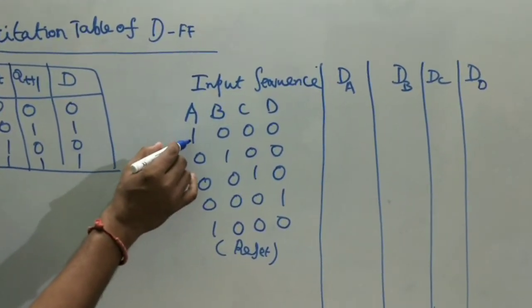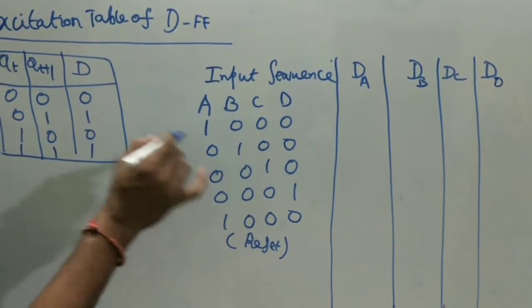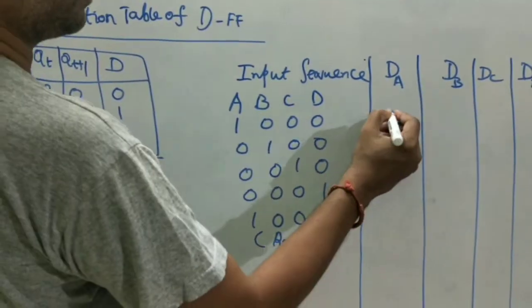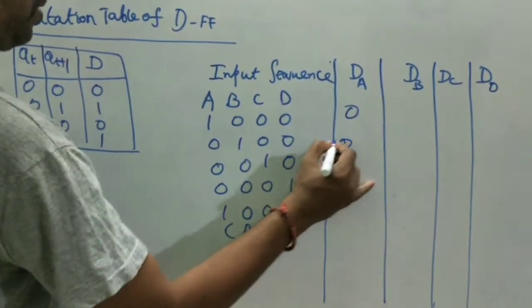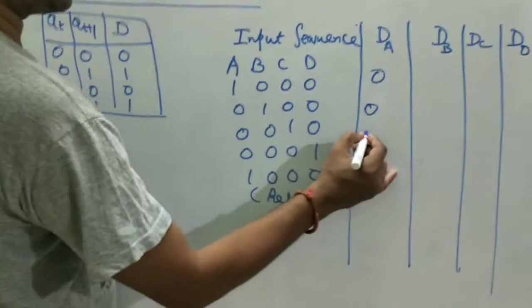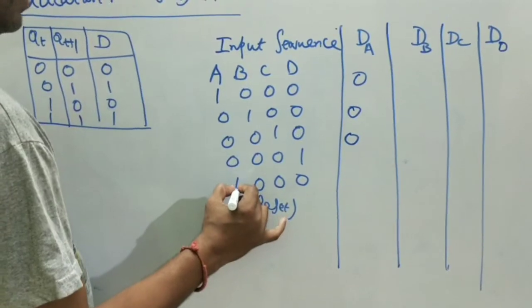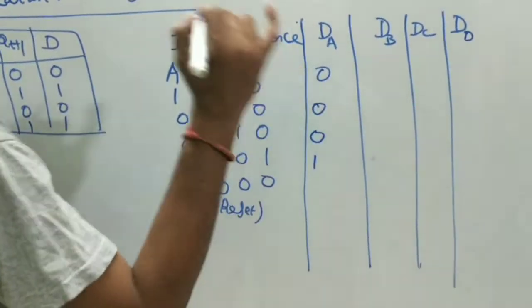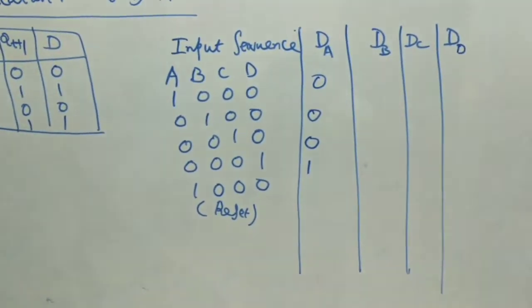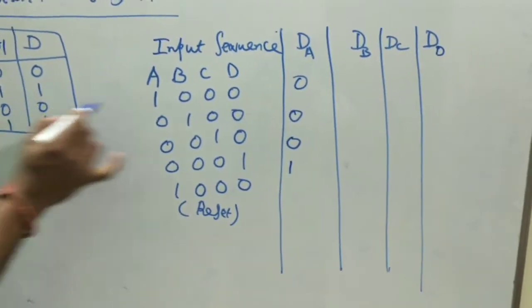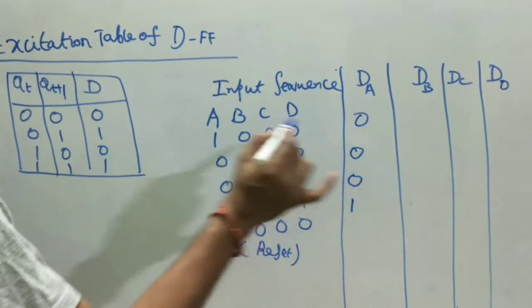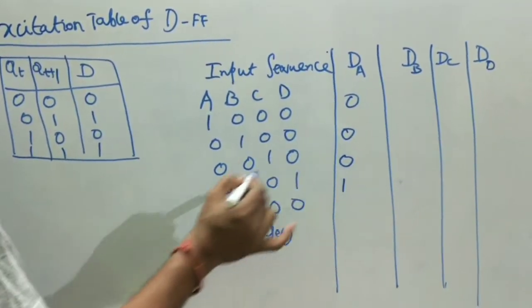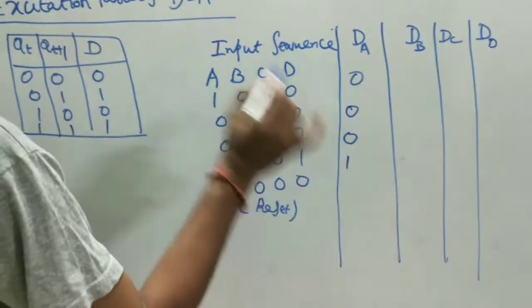Present state is 1, the next state is 0, so 1 0 means it is 0. 0 0 means it is 0. 0 0 means it is 0. 0 1 means it is 1. Once again, let's repeat: 1 0 means it is 0, 0 0 0, 0 0 0, 0 0 1, 1.